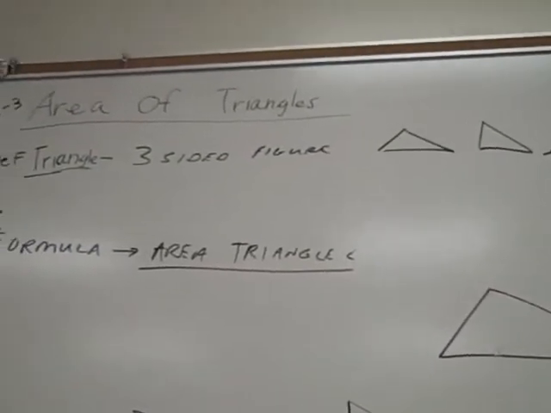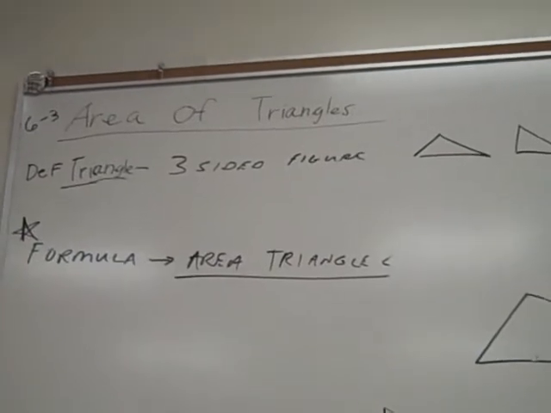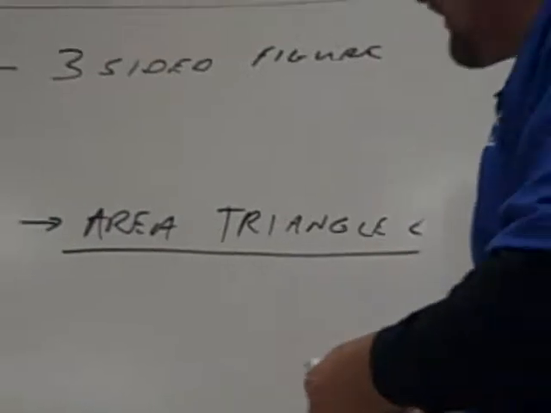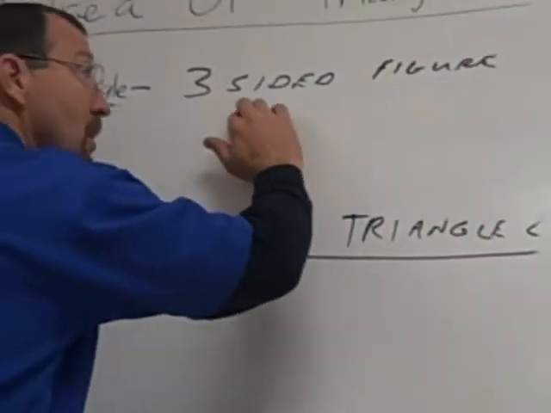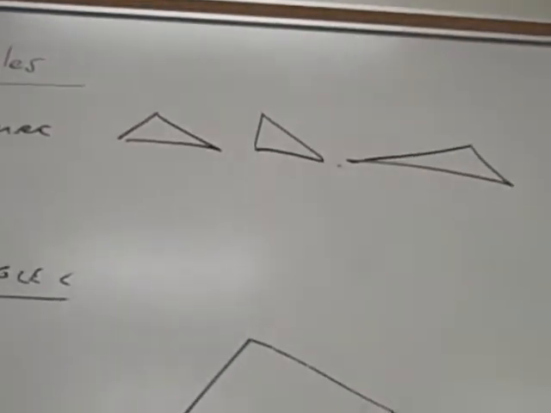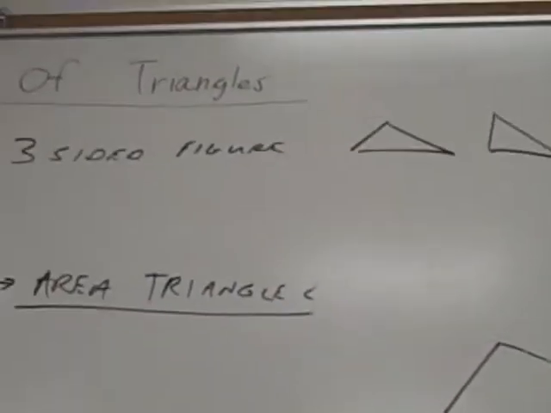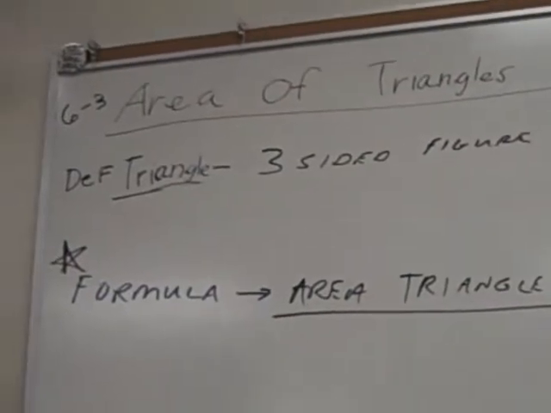Now we're going to continue today doing area, but we're changing figures. We're doing triangles. Now I want to develop, what is a triangle? Well, what is it? Three-sided figure. Looks like these things right here, right? Okay?